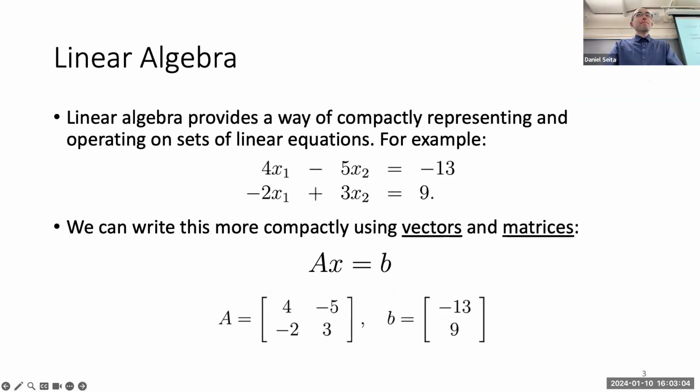So linear algebra is an incredibly important branch of mathematics. If I had to summarize it, it gives us a way of compactly representing and operating on sets of linear equations. If you look at the two equations that we have, the objective here is to solve for x.